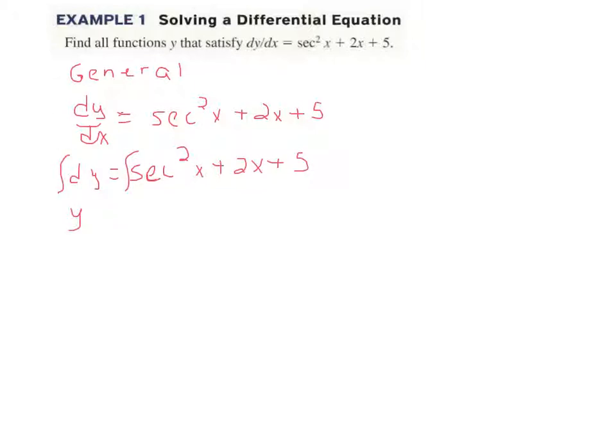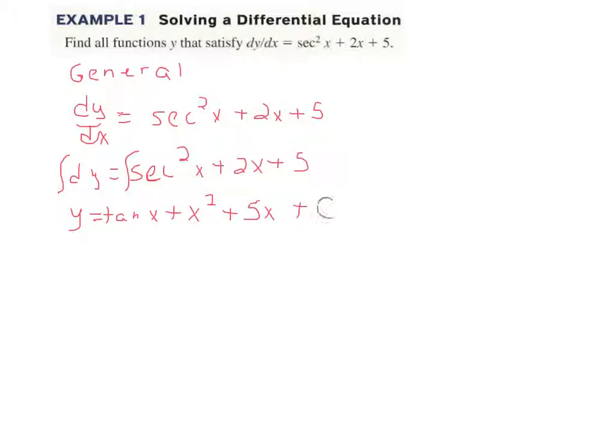So we end up with y equals. And so we know that the function that has secant squared x as its derivative is tan x. And we know that the function that has 2x as its derivative is x squared. And the function that has 5 as its derivative is 5x.